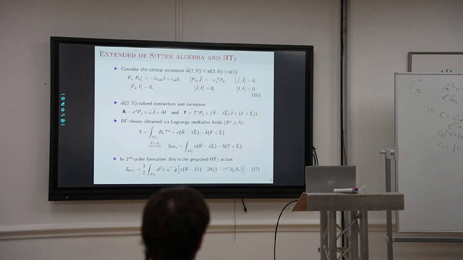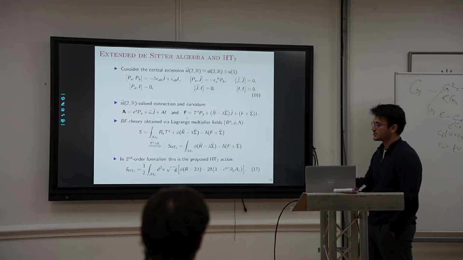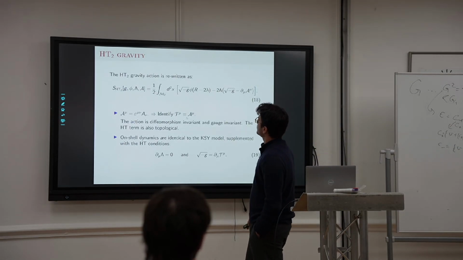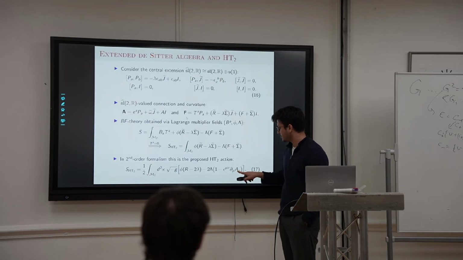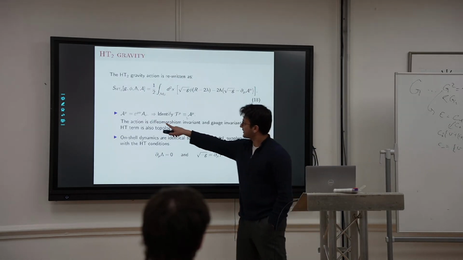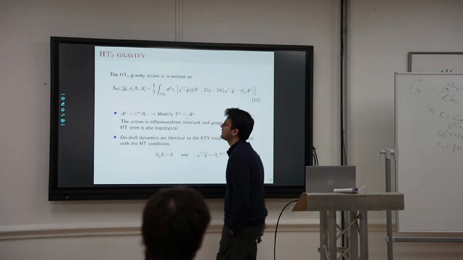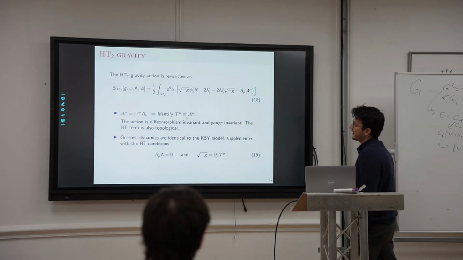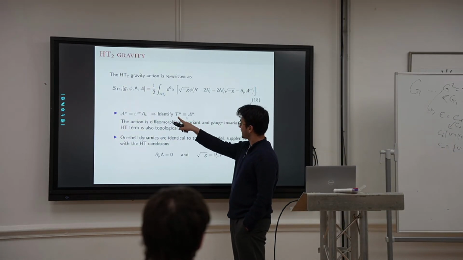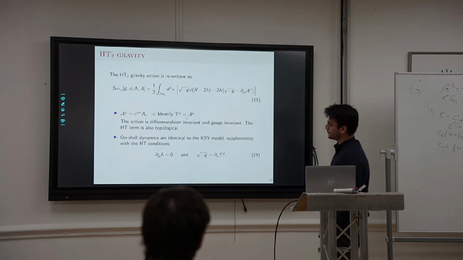So the question now is, does this actually have all the properties of an HT2 gravity action? So let me rewrite this like this. I take the epsilon^{mu nu} A_nu and write it down as this dual A^mu notation, so it's like a densitized gauge field. And basically I can now identify T^mu with the curly A^mu.